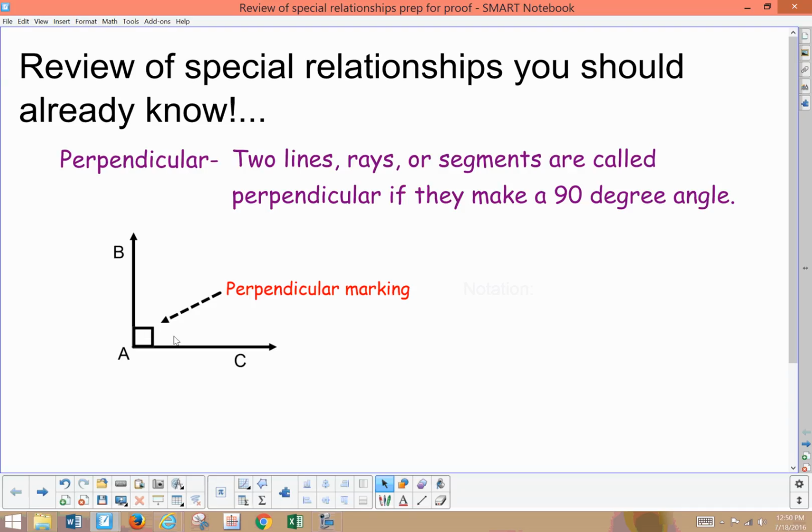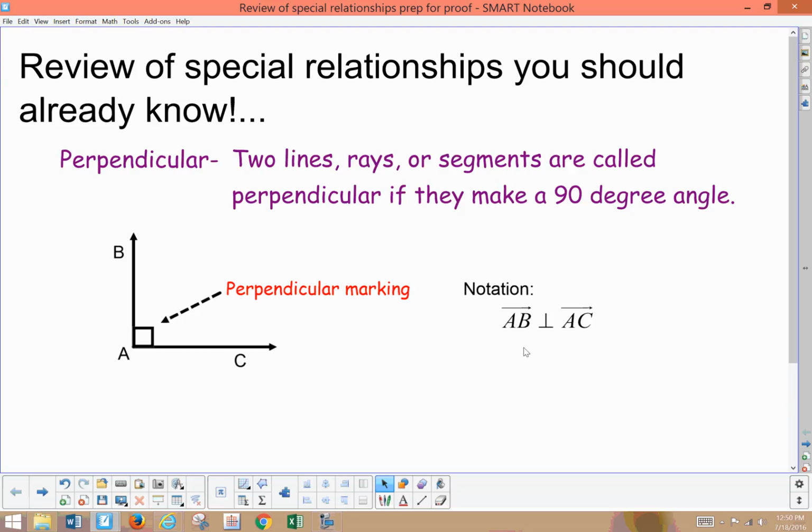When you see that, that is the marking for perpendicular. When you see that marking, we can say that the two segments, rays, or lines are perpendicular and write the notation using this upside down T. If you take a look right here, there's an upside down T that represents perpendicular.